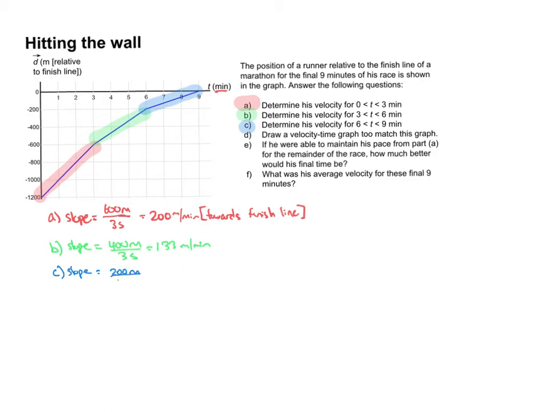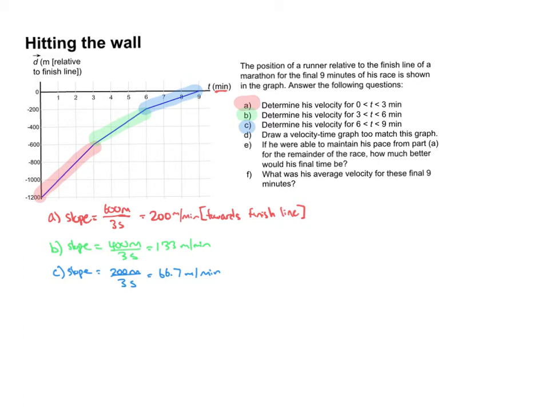And a run of 3 seconds again. So that would be 66.7 meters per minute. So they're slowing down. They're running out of that glycogen. They are hitting the wall.